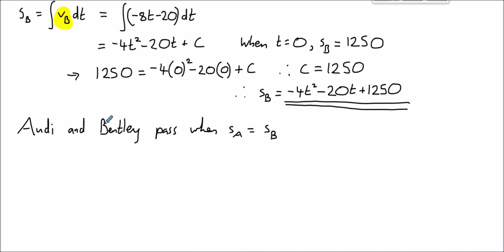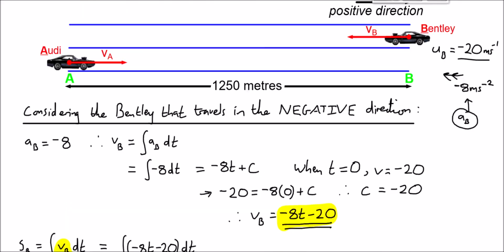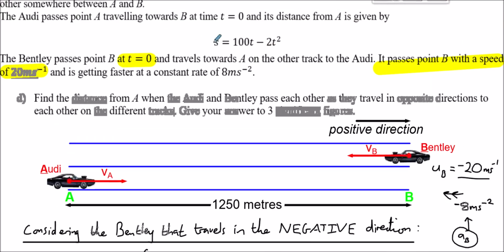So allow me to just scroll up for a second and remind you of what the expression for the displacement of the Audi was. The displacement of the Audi was given by this expression here. So that's the displacement of the Audi, 100t minus t squared.